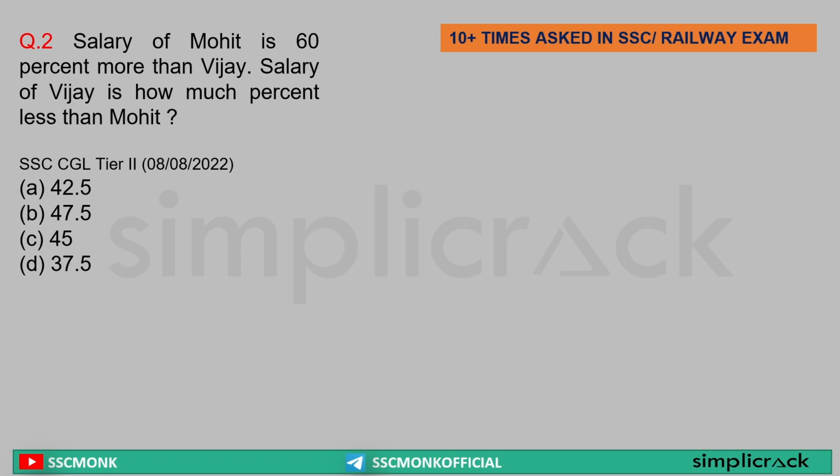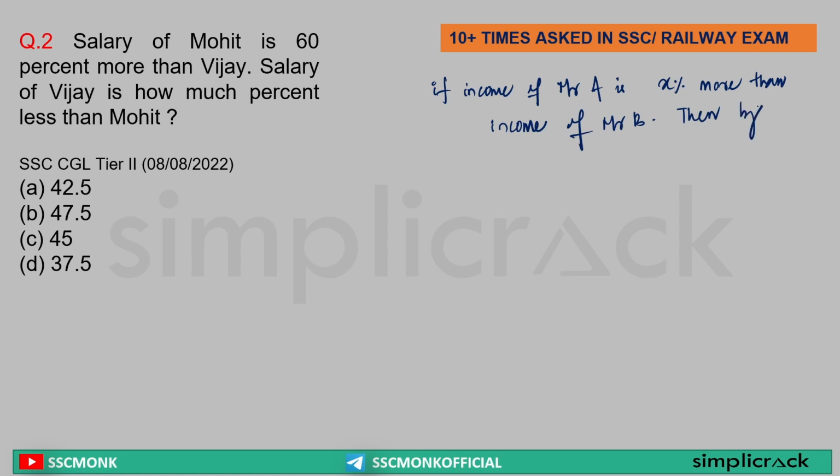So I will give you a theory. Whenever it says, if income of Mr. A is X% more than income of Mr. B, then by how much percentage is income of Mr. B less than Mr. A?